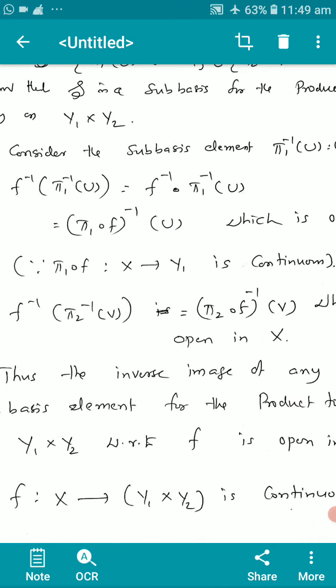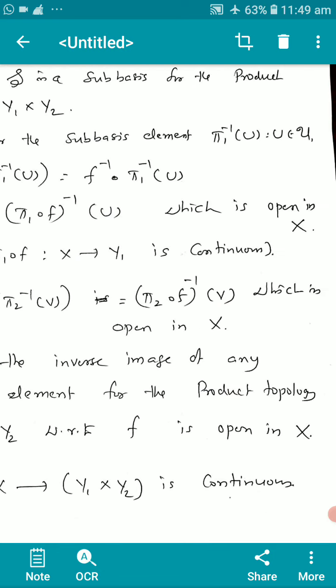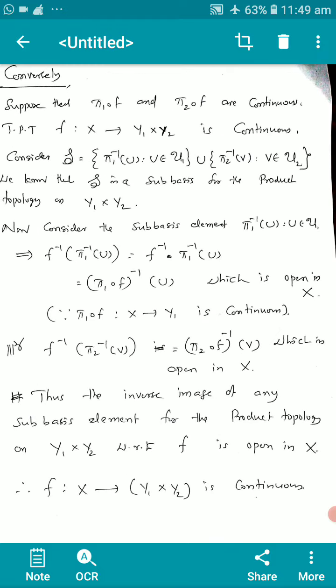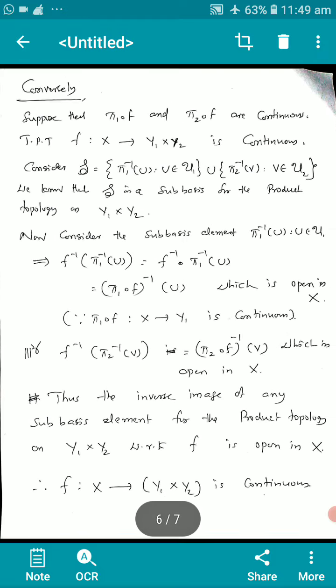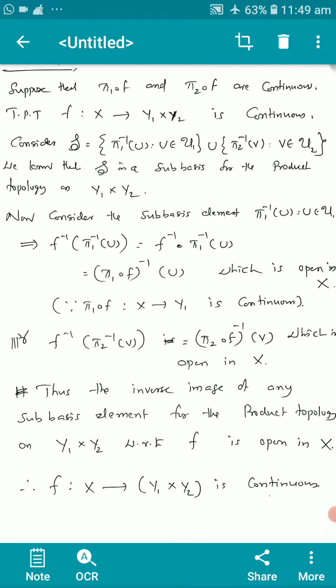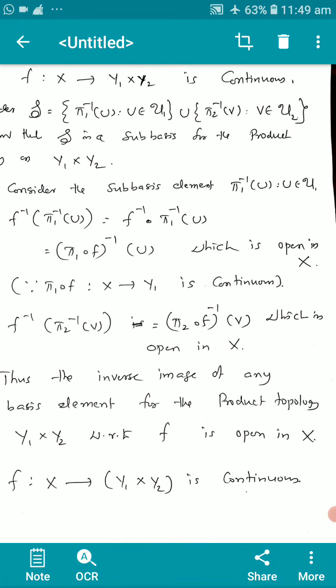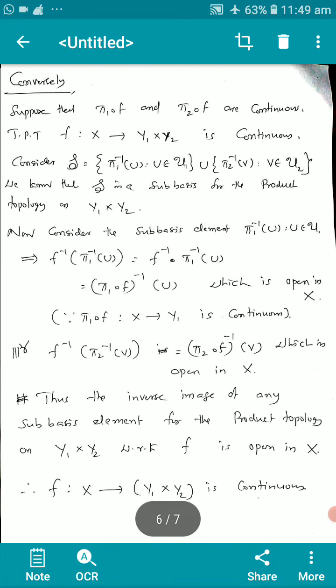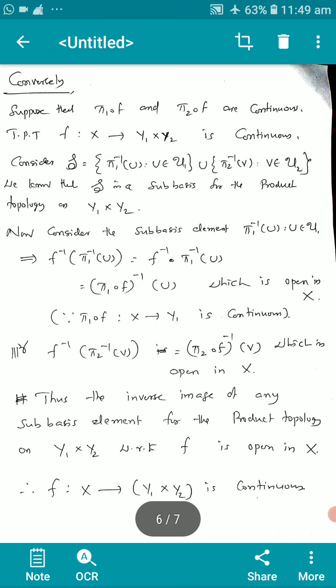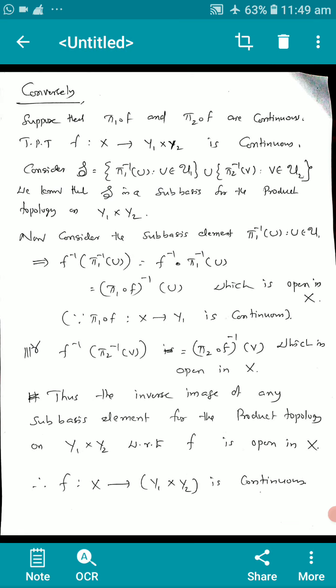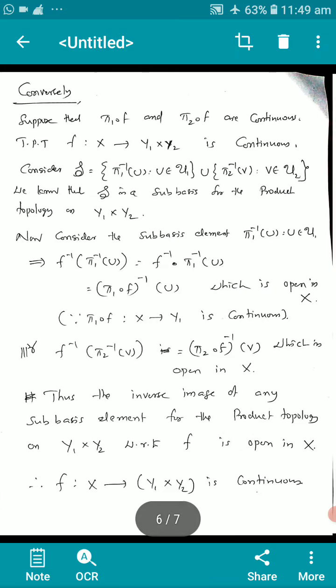Similarly, f inverse of pi 2 inverse V, what comes? Pi 2 composite f inverse of V, which is open in X. Thus, the inverse image of any sub-basis element for the product topology on Y1 cross Y2 with respect to f is again open in X. What does it mean when we say the inverse image is again open? f is continuous. That f from X to Y1 cross Y2 is continuous.